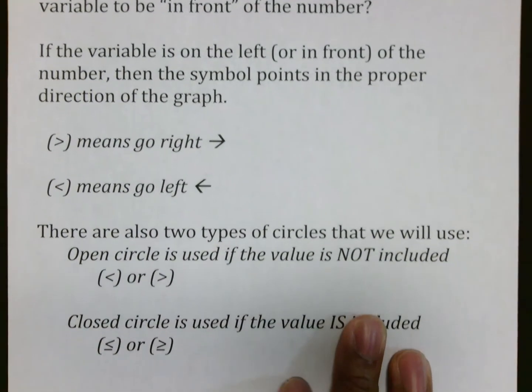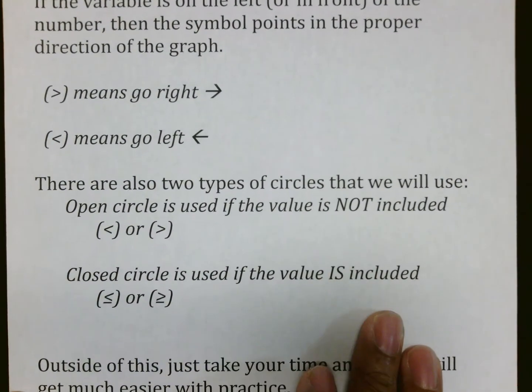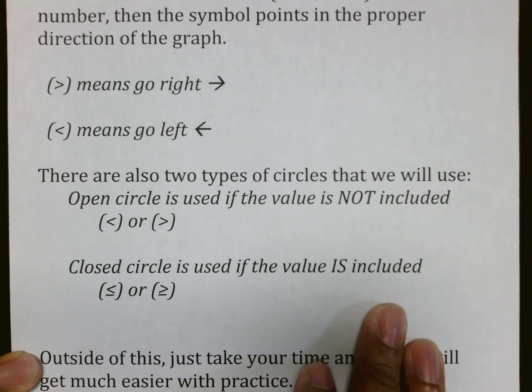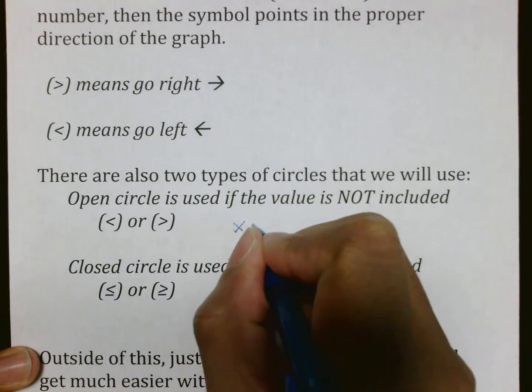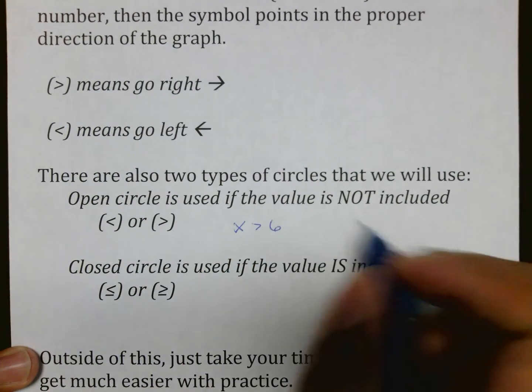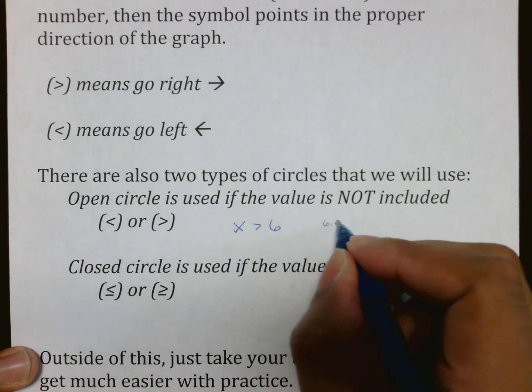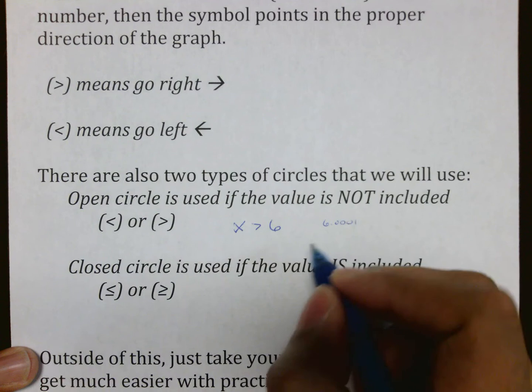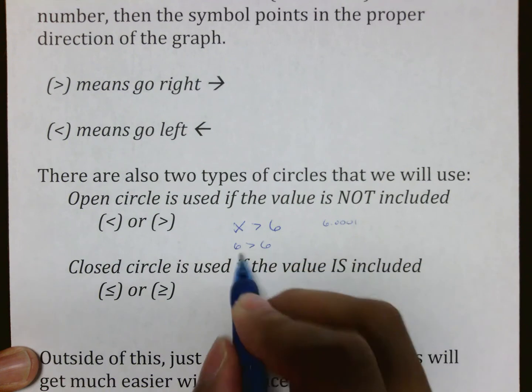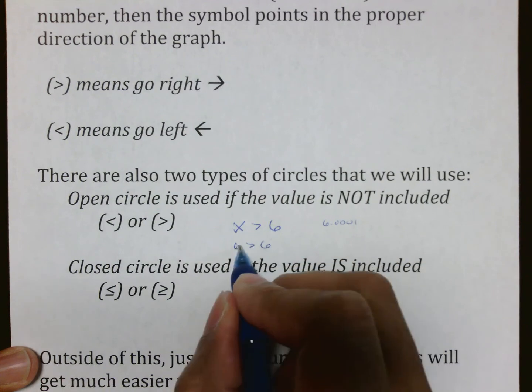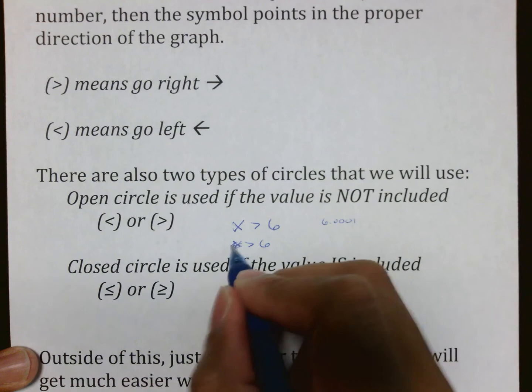There are also two types of circles that we have to use. Open circle if the value is not included. Not included means that if I say x is greater than 6, numbers like 7, 8, 9, 10, 11, 12 are all included. 6.0001 is also included, but 6 is not included because 6 is not bigger than 6, which is why 6 would not work, and you can't use it.